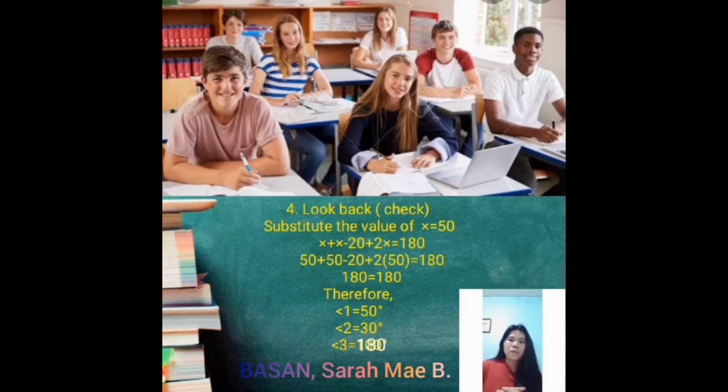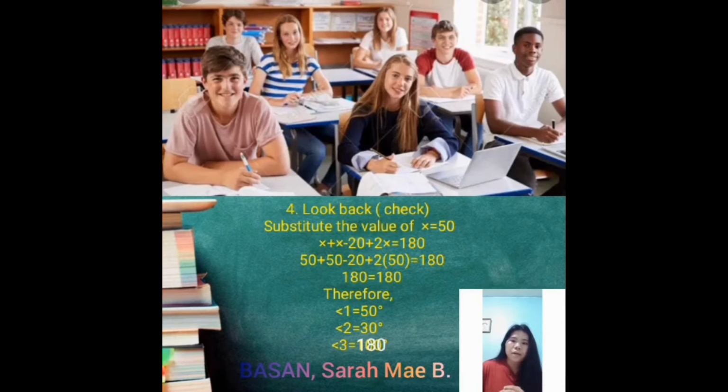Now I will show you the example of the look back, or check. Substitute the value of x equals 50 into x plus x minus 20 plus 2x equals 180. 50 plus 50 minus 20 plus 2 times 50 equals 180. 180 equals 180, which is correct.